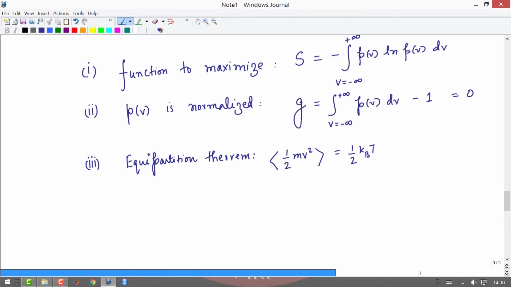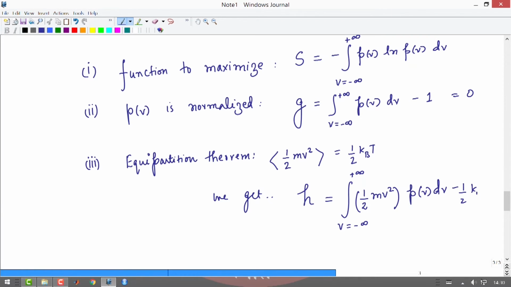So, this basically gives me my constraint H. I am just going to write down my constraint H as simply the integral over v from minus infinity to plus infinity of half mv squared measured in this distribution, minus half kT, is 0.